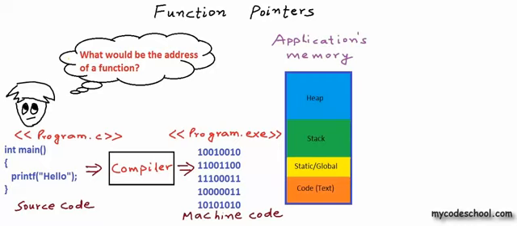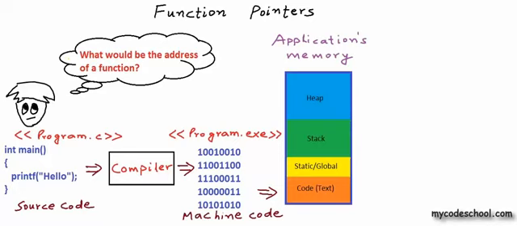The code or text segment of application's memory is basically the machine code or instructions copied from the executable file. Instructions are not executed directly from secondary storage. They are first copied to main memory, and then only they can be executed.